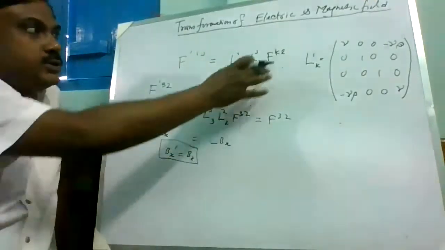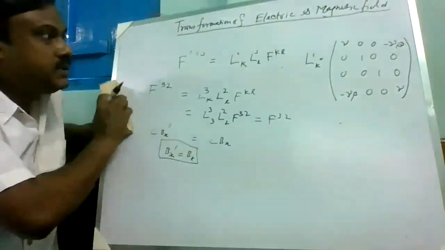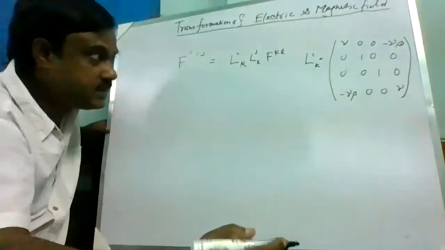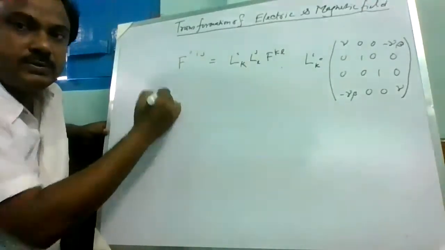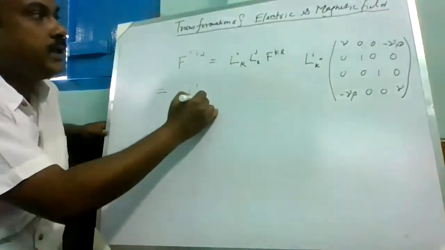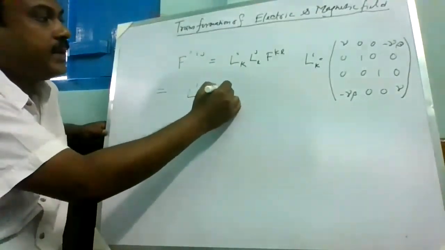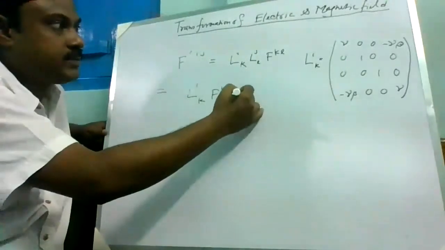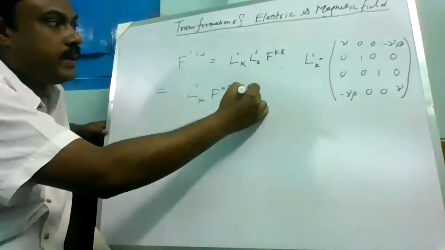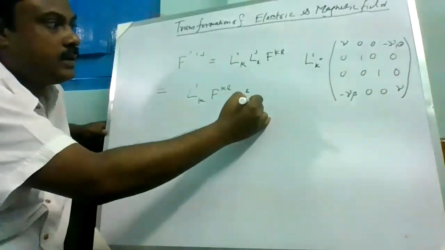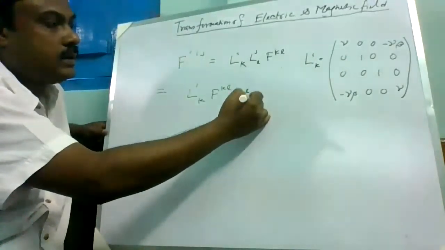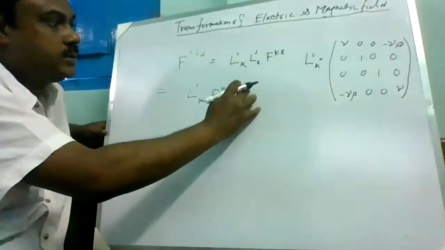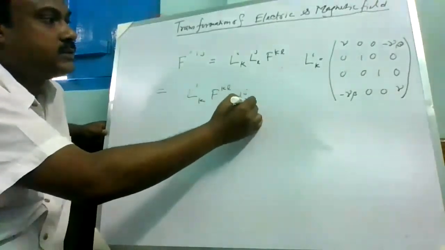The second method is to do the matrix multiplication of these three matrices, giving due respect to the order of matrix multiplication. So if you use the matrix multiplication method, this will be F dash ij equals L ik F kl, and this will go this side, so it will be the transposed L. Sorry, this will be k, this will be j, this will be m.